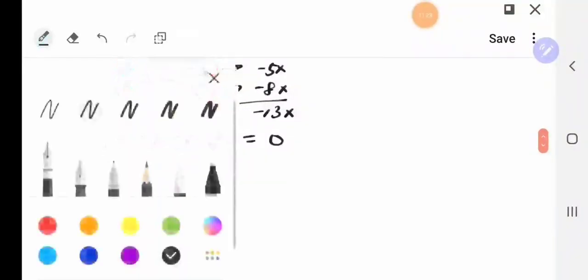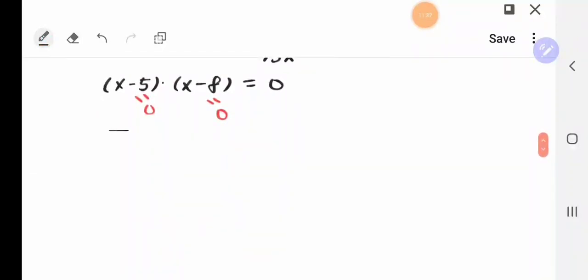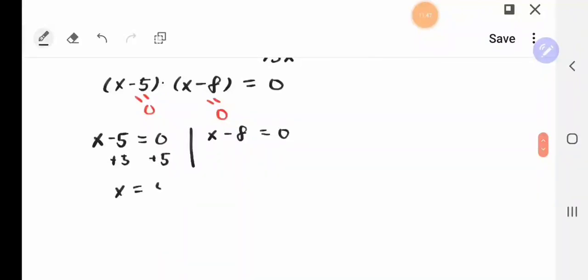So from this, we can set each factor equal to 0. So let's write two equations. From the first factor, x minus 5 is equal to 0. And from the second one, x minus 8 is equal to 0. Then plus 5 each side. So we have x equals 5.